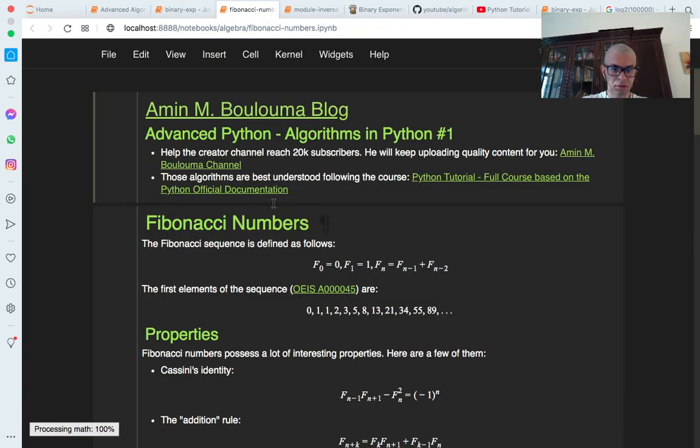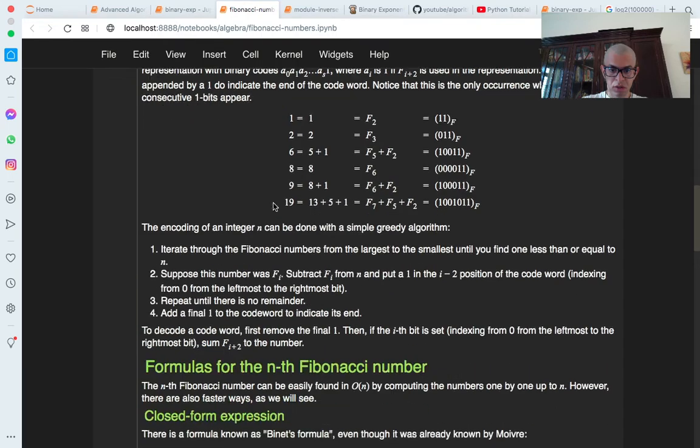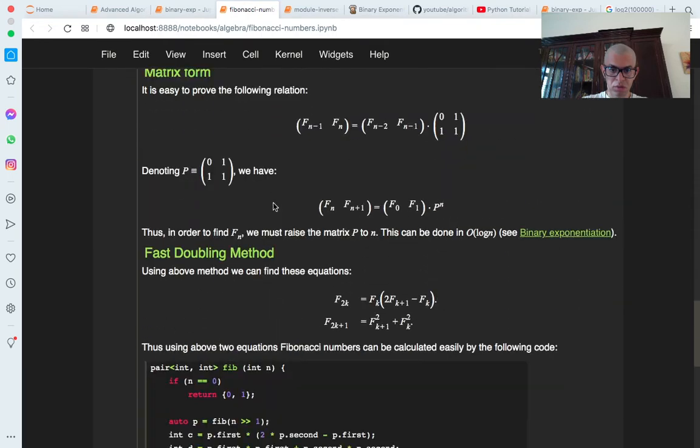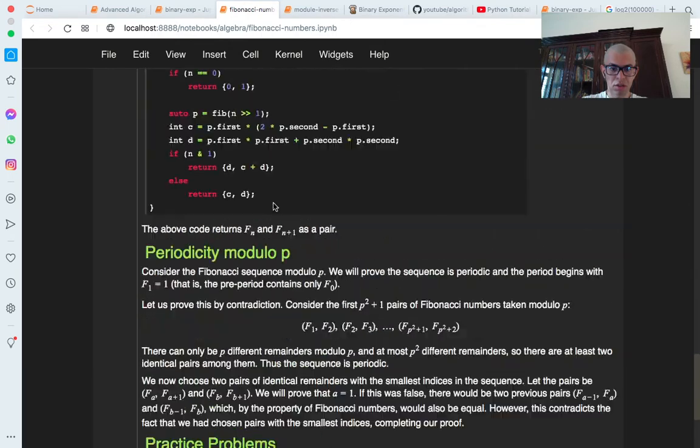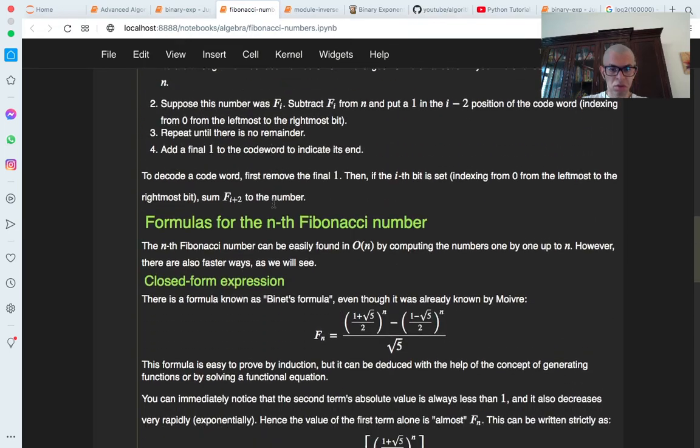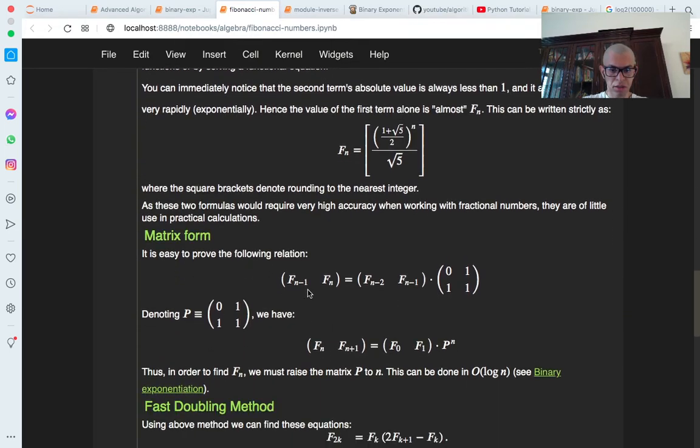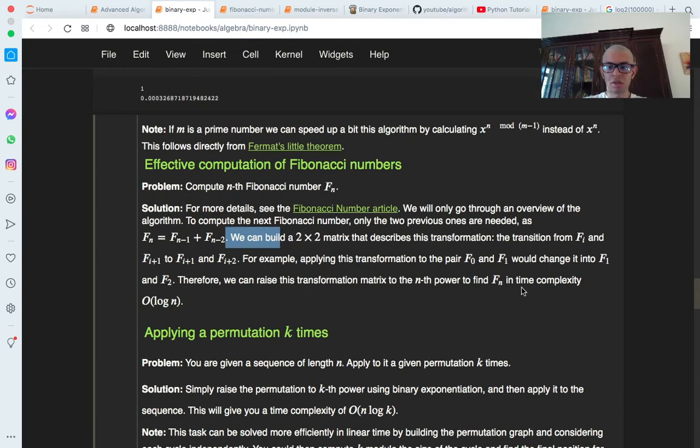Let's see if I have the matrix here. Yeah, this one. So this is the matrix that helps us find F_n, and we can find it by raising this matrix to the nth power.